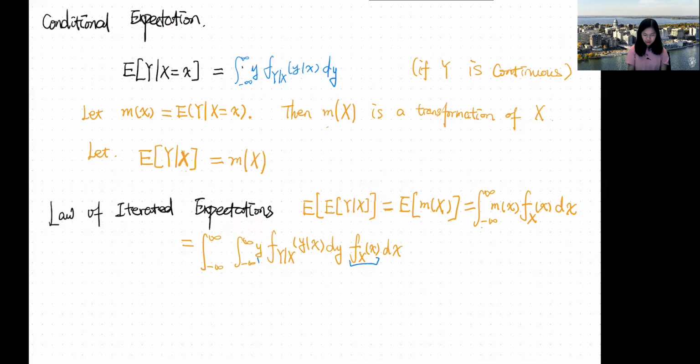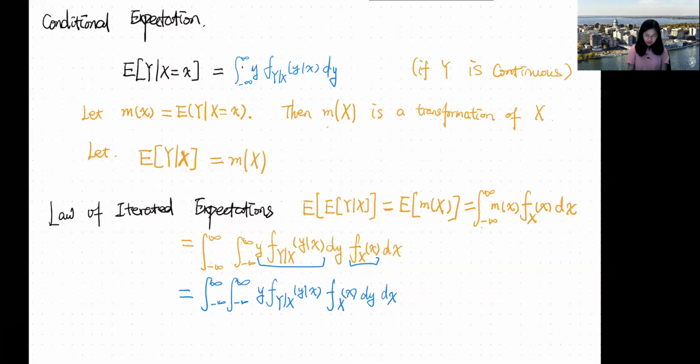Now, if we put the integrand functions together into this double integral, we find that equals the double integral of y times the conditional density times the marginal density dy dx.